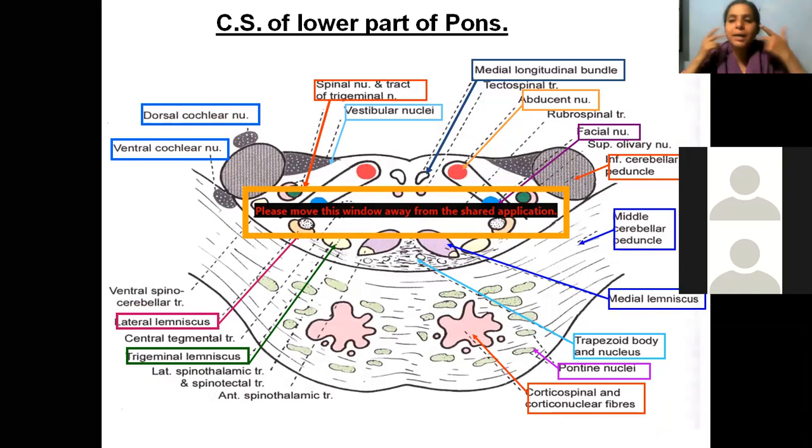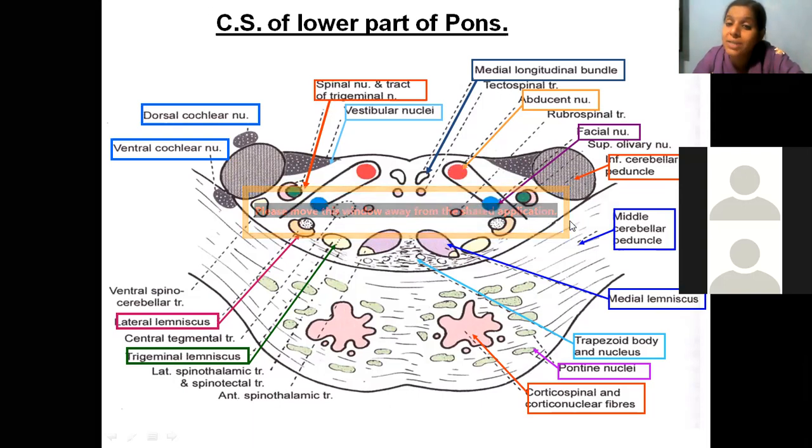So facial and trigeminal both are supplying the face. That's the reason the facial nerve tries to move towards the trigeminal nerve. It moves away by making a bend over the abducent nucleus. This bend itself produces that elevation called the facial colliculus.